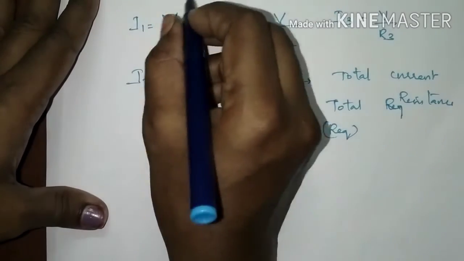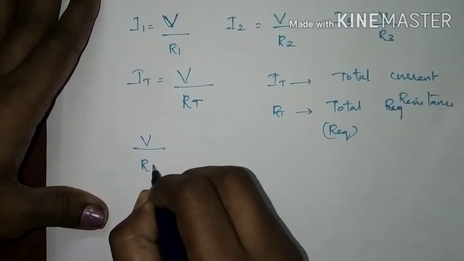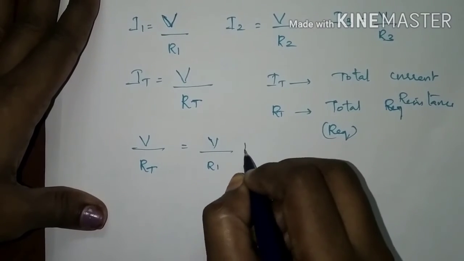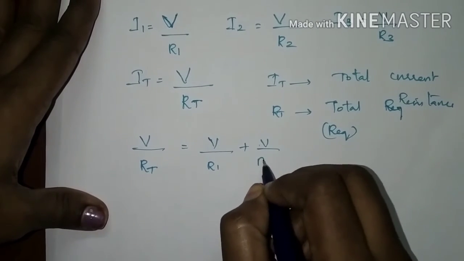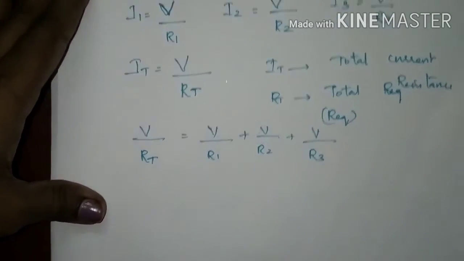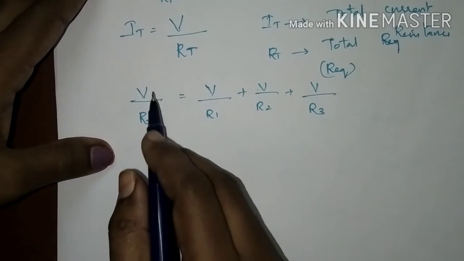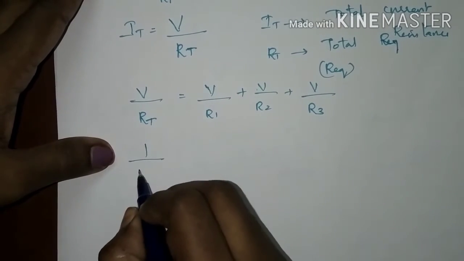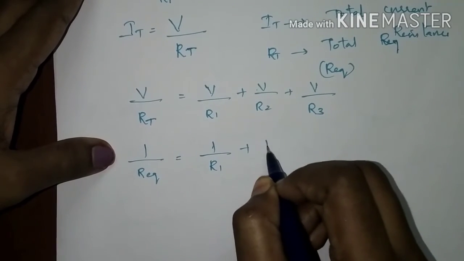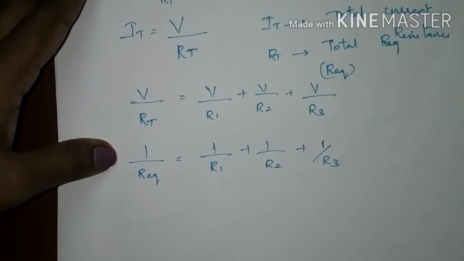If you substitute in this equation, we get V divided by RT or R equivalent. V by R1 represents the I1 current, V by R2 represents the I2 current, and V by R3 represents the I3 current. If you take the voltage as common, we can cancel out the voltages, so 1 by R equivalent is given by 1 by R1 plus 1 by R2 plus 1 by R3.